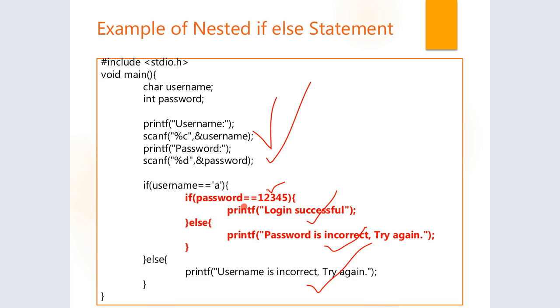If your username is incorrect, then whether your password is correct or not is not helping. Because first, your username must be correct, then your password is checked. That's what we call a nested if statement. One statement inside another. Okay? One statement inside another.